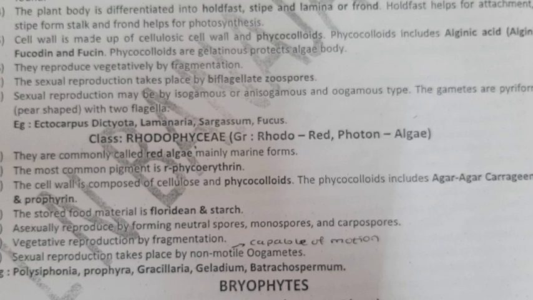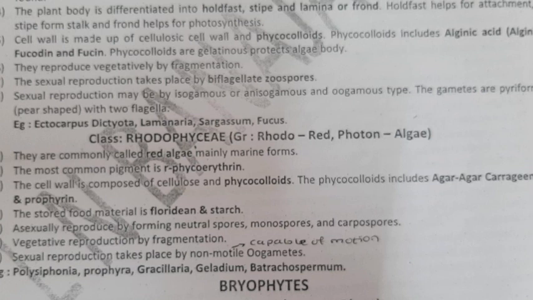Okay, we completed the Chlorophyceae, Phaeophyceae and Rhodophyceae. Just remember the few characteristic features which differ from one class to another class. Chlorophyceae: reserve food material, pigment and pyrenoids are present, and the cell wall is made up of cellulose and pectose.